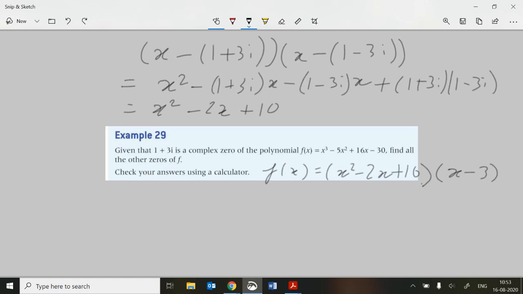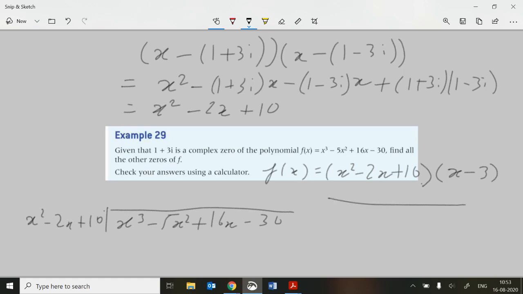So we need to go back to our division of polynomials. You can't completely ditch your technique of long division. So we've got x cubed minus 5x squared plus 16x minus 30, and then let's divide that by x squared minus 2x plus 10. Now I'm not going to do that in this case.